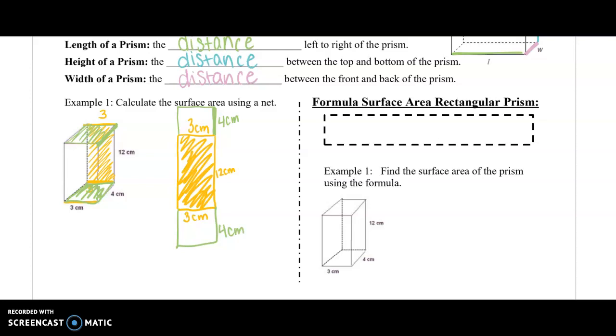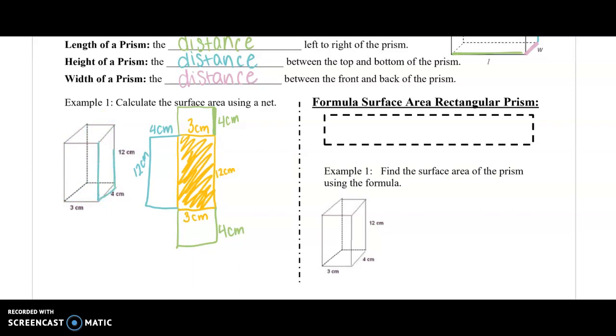Then I could take this side of the box and open it up that way. This side now, if you think about it, is one of my 4 centimeter sides, and its height is 12 centimeters. I'm going to erase everything, that way you can start to see it.